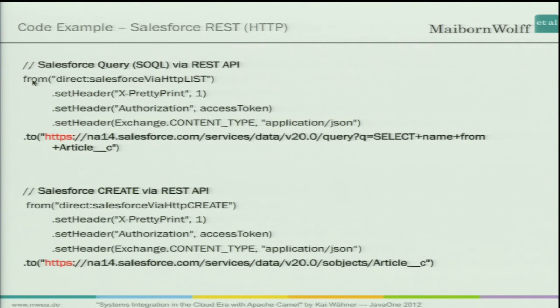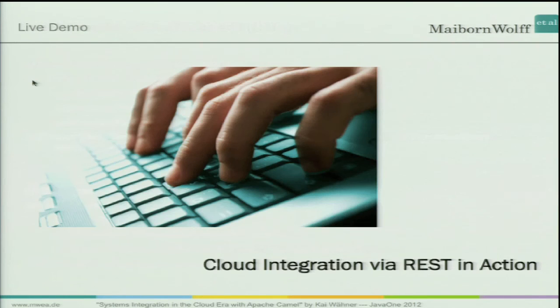It's again an implementation of a component within Camel. You don't have to write any glue code. You just do here your REST call, and you can read data and write data as you can do with REST. And again here you could use every technology here or here. It's all the same concepts also with REST.